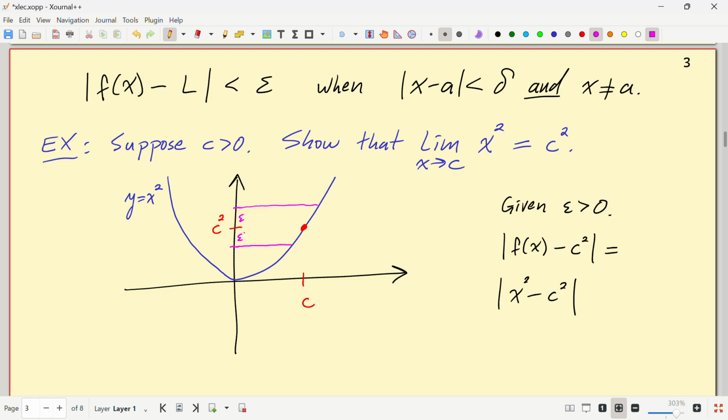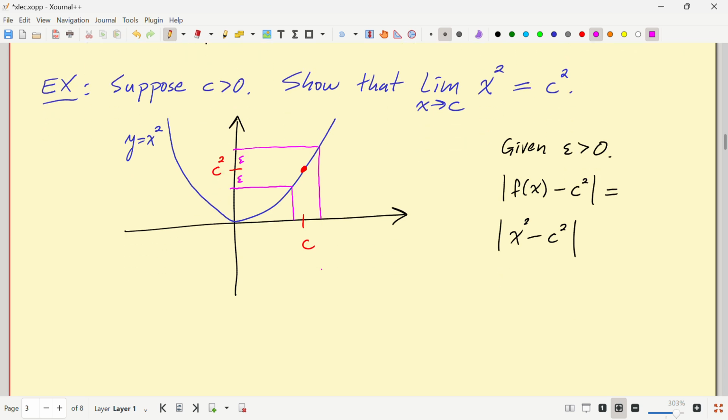And then if I stare at that for a second, I realize, aha, I can get a delta that gives me that tolerance. If I wanted to find the best possible delta to use, I can see it in that picture. In that picture, the best possible delta would be that little delta.